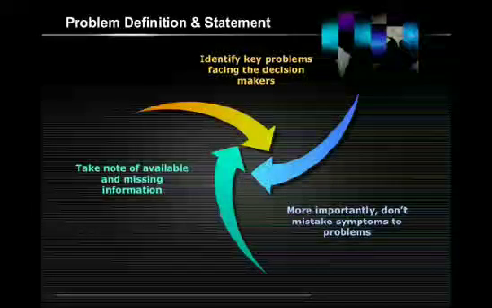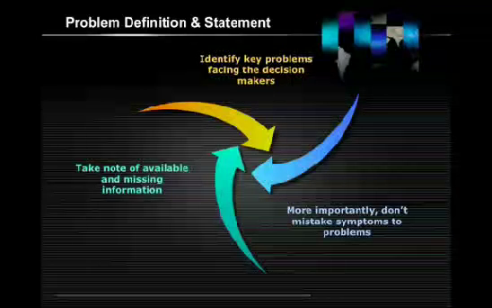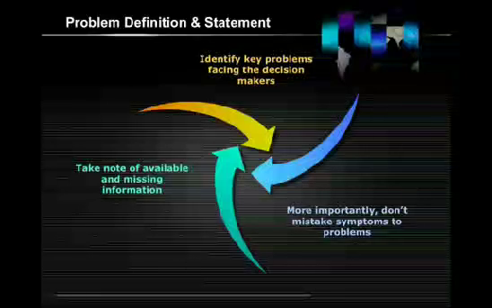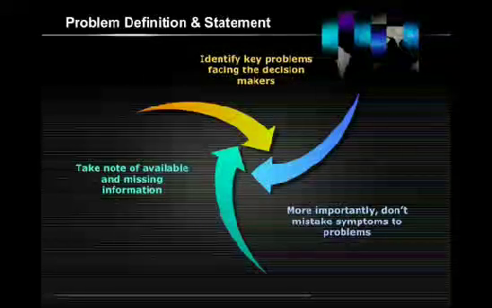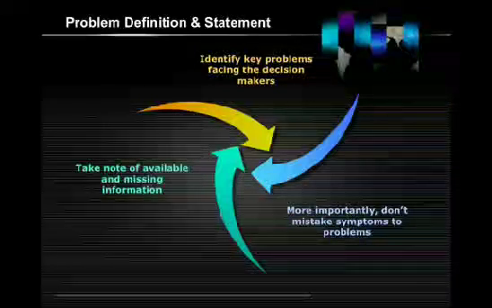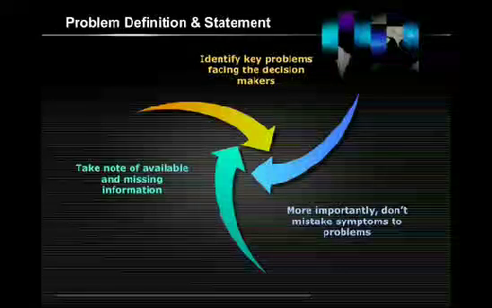The reason this is important is, in your recommendations, you should also be talking about what types of new information will help take better decisions, right? So all these three put together are the heart of case study analysis in any situation.